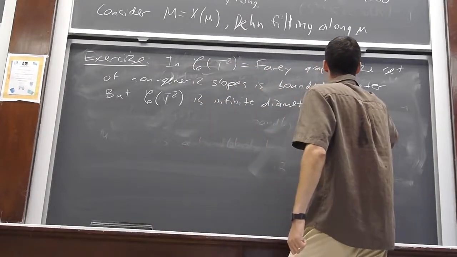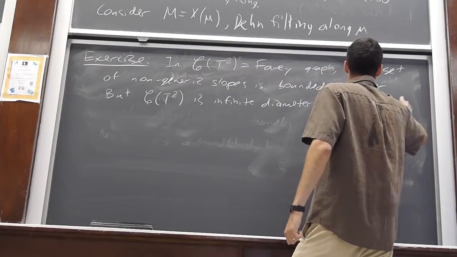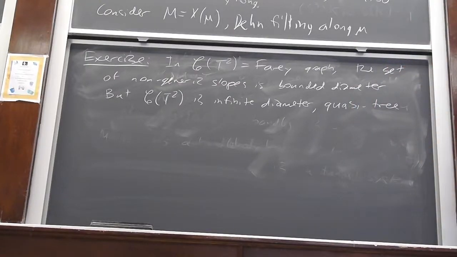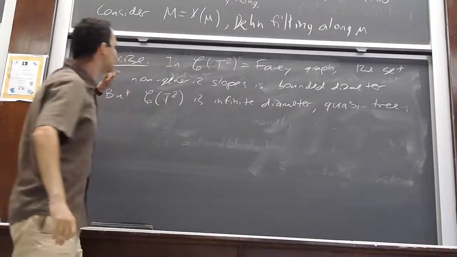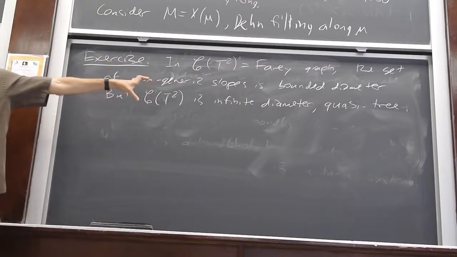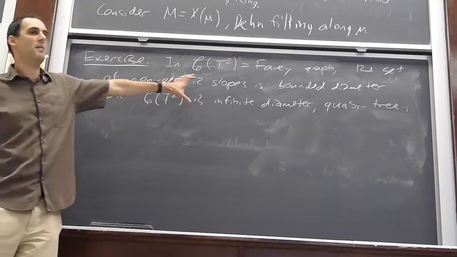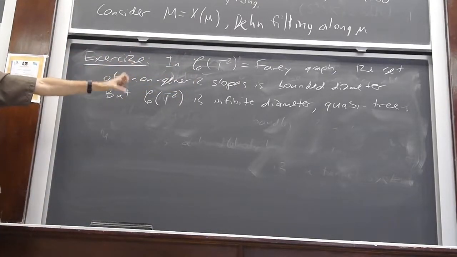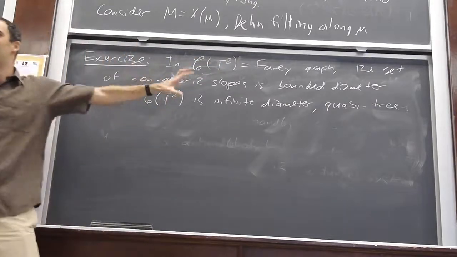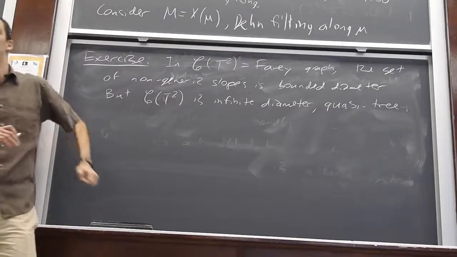It's a quasi-tree, so it's hyperbolic. So somehow, if you forget about a set of bounded diameter, almost everything else is still available to you. That's why I'm calling it generic. I probably shouldn't spend much time discussing the curve complex, and it's not really germane to the talk. So if you know what that means, great. And if not, look up the definition from Saul's talk, modify it appropriately for the torus. This is an easy exercise.